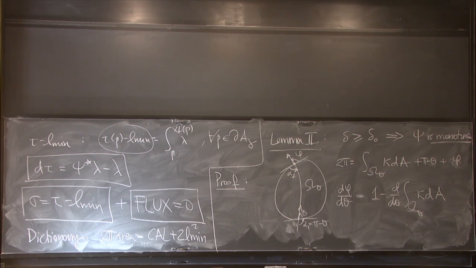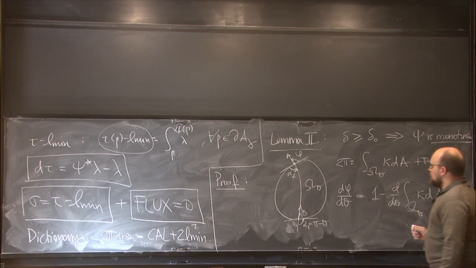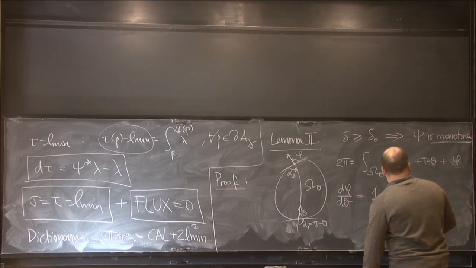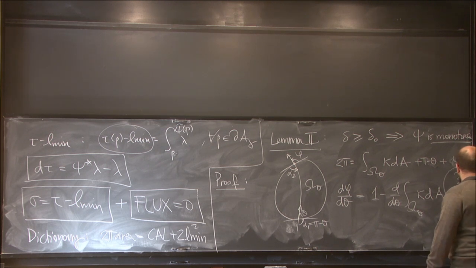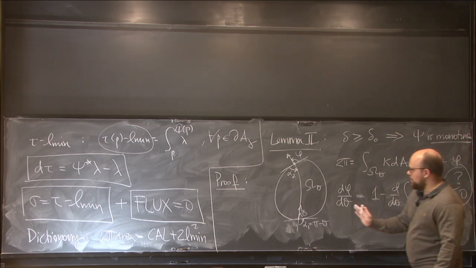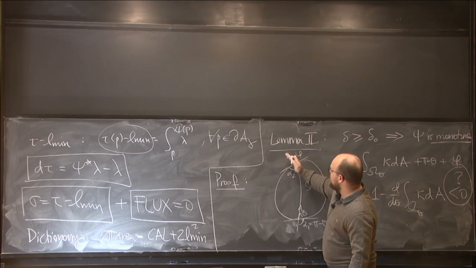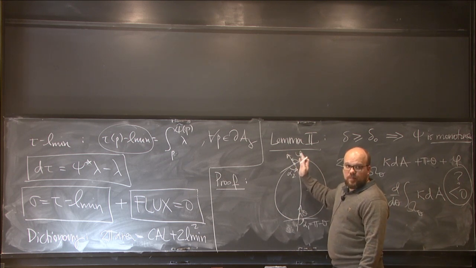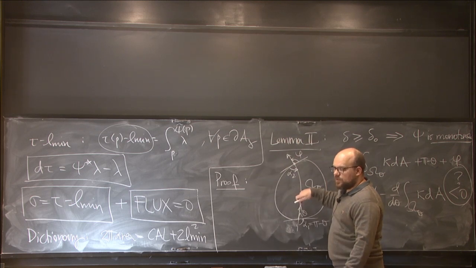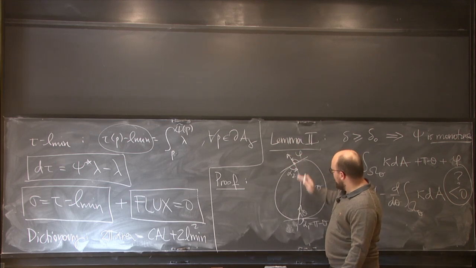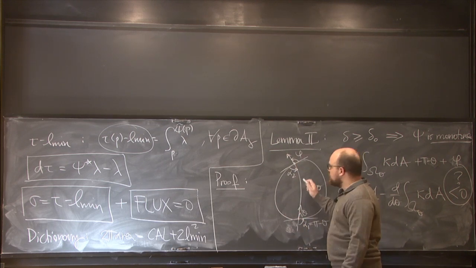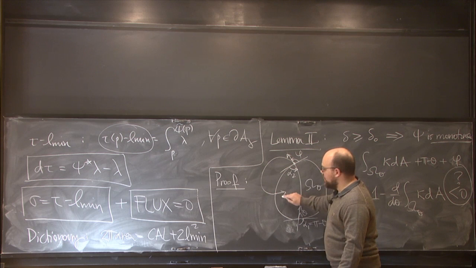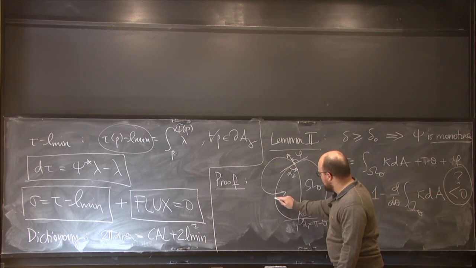So if we can show that this number is negative, we're going to be showing that as we increase theta, this number decreases. But then if you look again at what happens in the second half of the story, this increases, this decreases, but then the return angle increases.